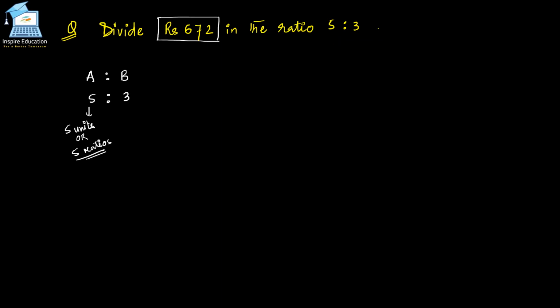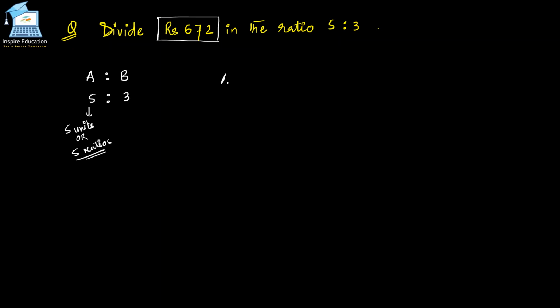Or we can say 5 rupees. Although rupees doesn't make sense over here, but still let us say 5 rupees in a fake way. So let us take that A is getting 5 rupees and B is getting 3 rupees.